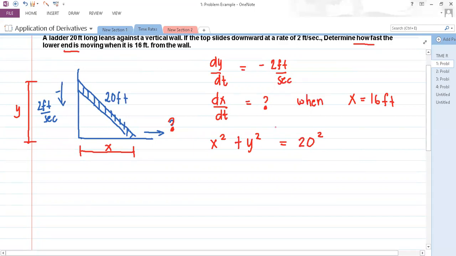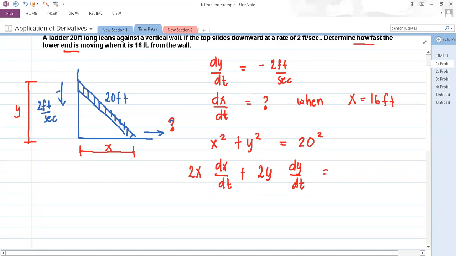So if we're going to get the derivative of this, using the chain rule, makukuha natin yung derivative niyan, di ba? So 2x dx with respect to time plus 2y dy with respect to time.